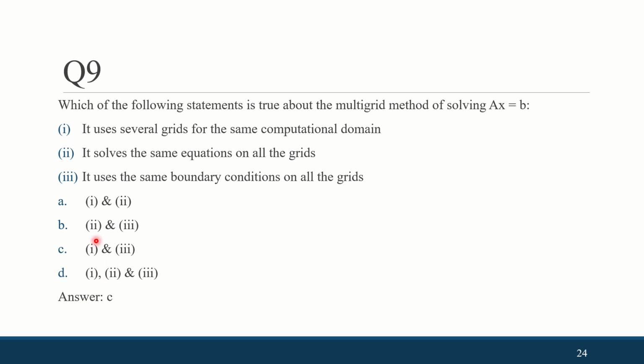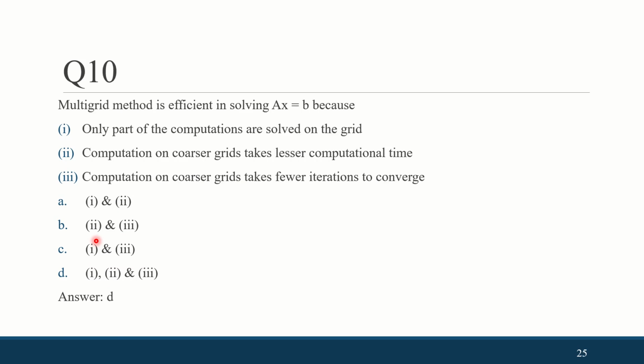Now we'll move on to the next and last question for this session, question 10. The multigrid method is efficient in solving Ax = b because only part of the computations are solved on the grid.